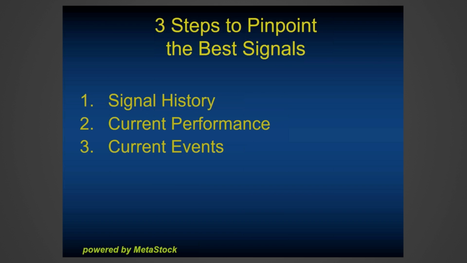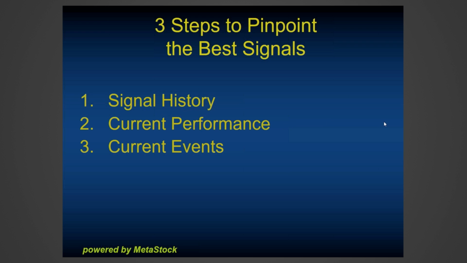So this is our methodology that we use. We use this in our own system called the Green Light Trading System, and we found it works very well. We use 3 steps to pinpoint the best signals. The steps are, first, looking at the signal history, then looking at the current performance, and third, current events. So you have basically 3 types of filters here. With the history, you're going to knock out signals without a good signal history, and we'll define what that is.